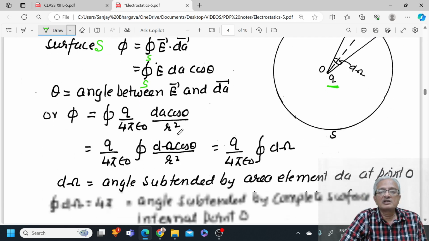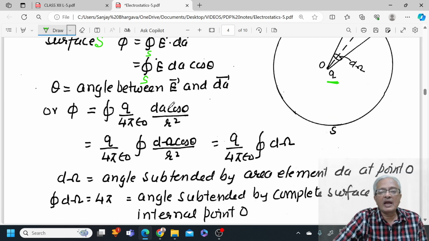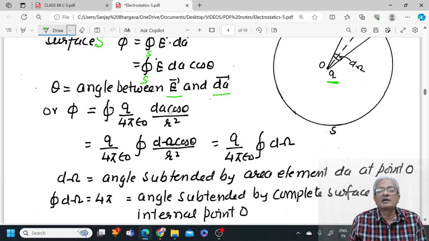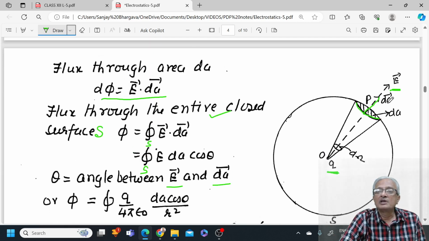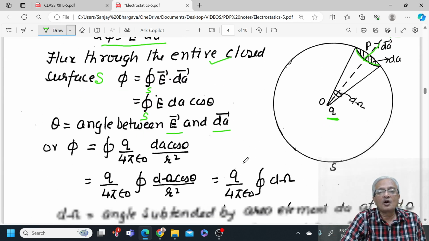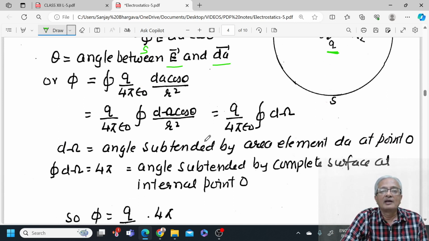Now what does theta represent? As usual, the angle between the direction of electric field and the direction of area vector, which is along the direction of normal. In our case, in this figure, theta is equal to 0, and that is why cos theta would be equal to 1. So this can be written as Q upon 4 pi epsilon 0 integration dA cos theta upon R square.